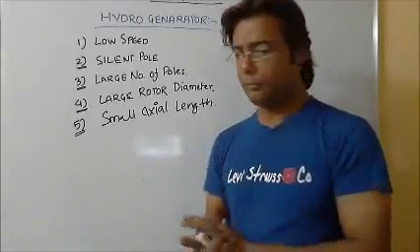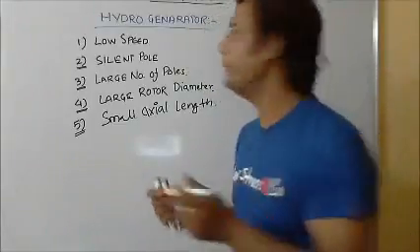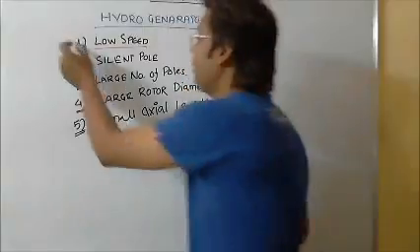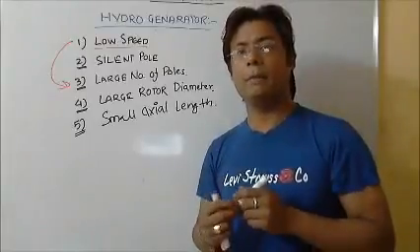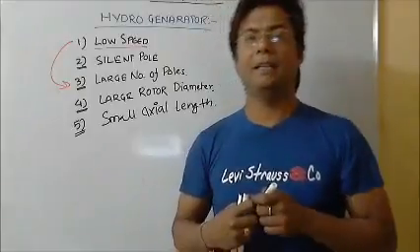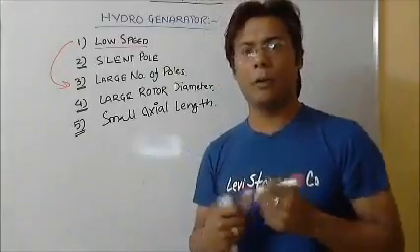Since they work at low speed, obviously the number of poles will be higher, because we know f equals P N by 120, so the speed is inversely proportional to the number of poles. The more poles there are, the lower the speed will be.